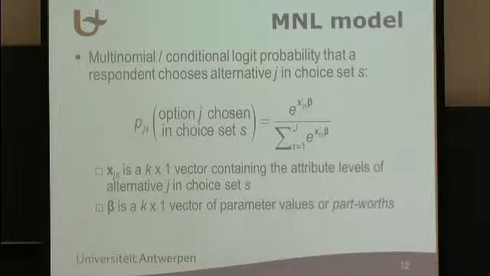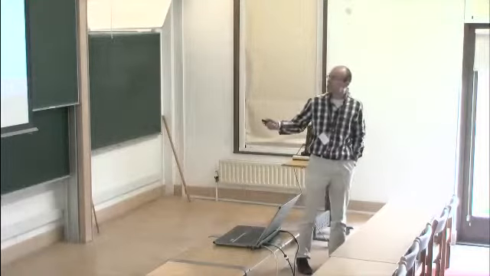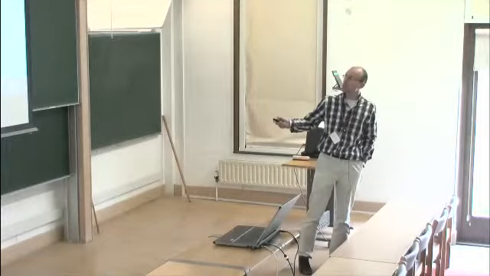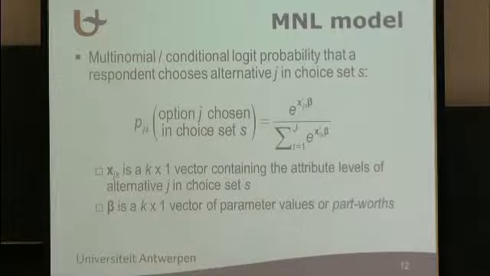That's a logit probability, and in this expression the x vector describes the levels of the attributes in each alternative, and the beta vector, which in marketing is often called the part-worth vector, describes the preferences that people have for the different levels of the attributes in your study. And it's this beta vector that we want to estimate after collecting the data in the choice experiment.